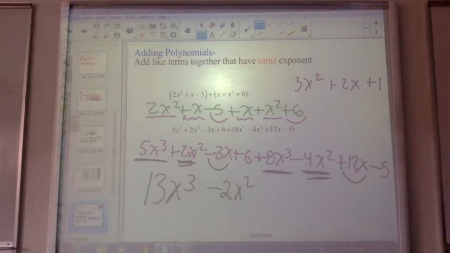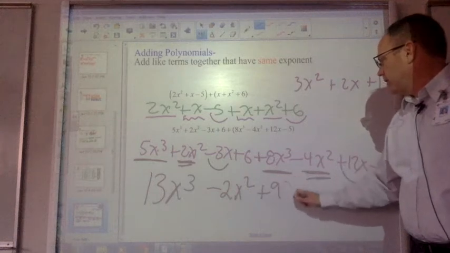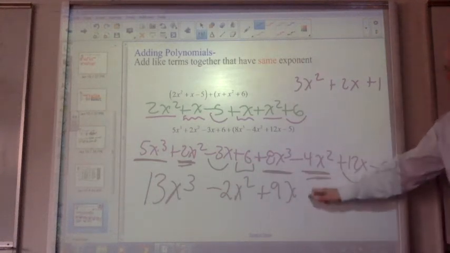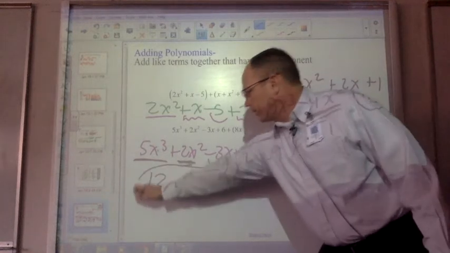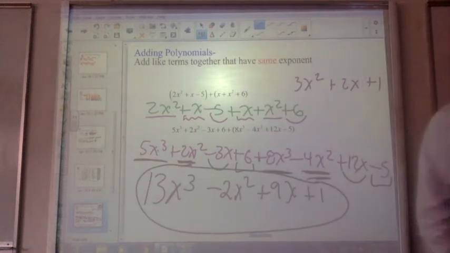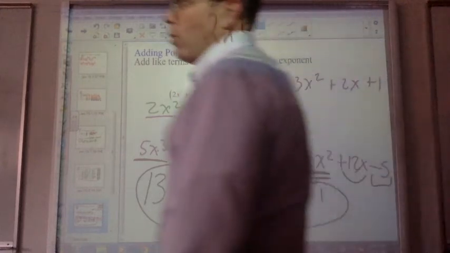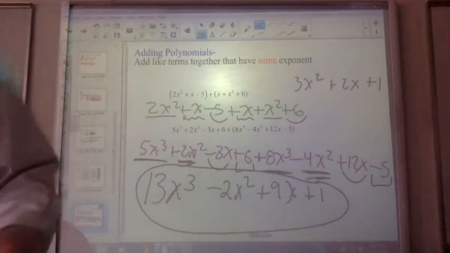That's 9x. And then 6 added to negative 5 is 1. So that is a third degree. There's 4 terms. Wow. It's cubic.